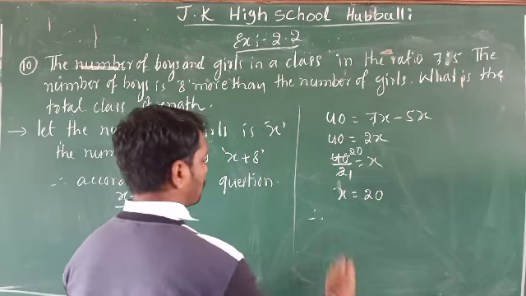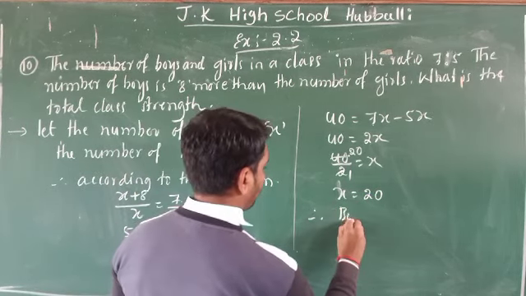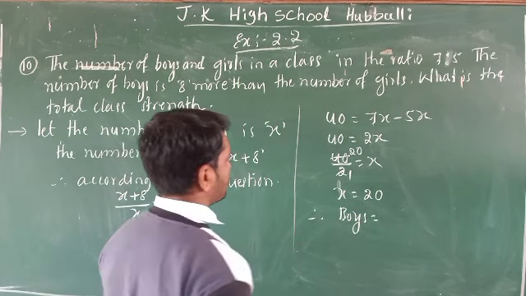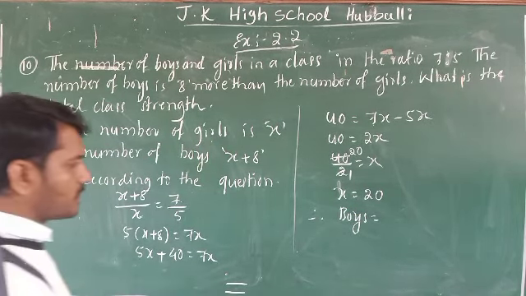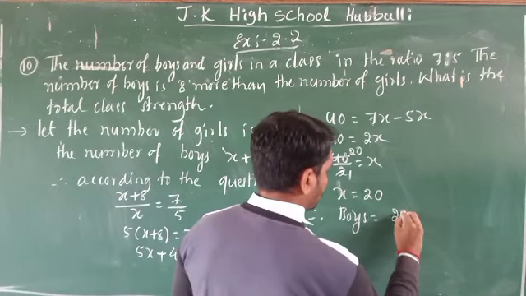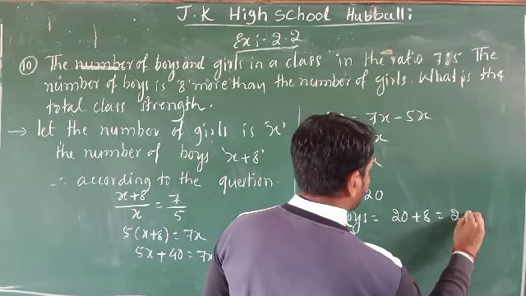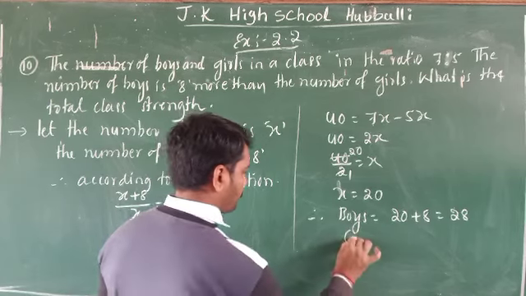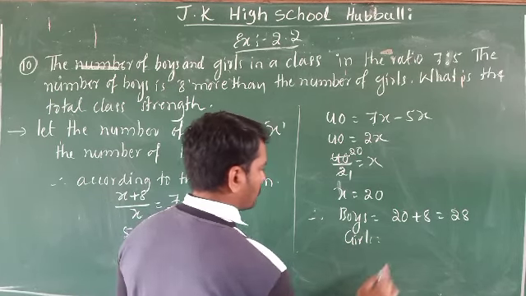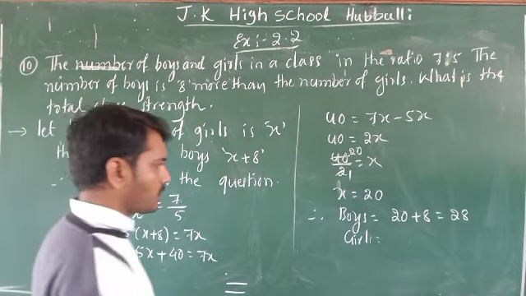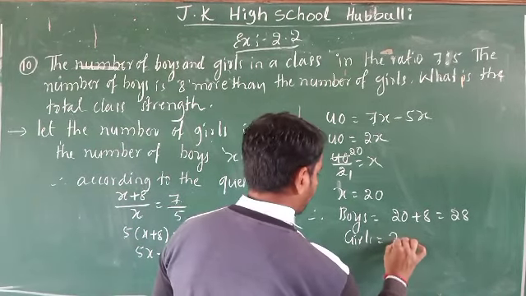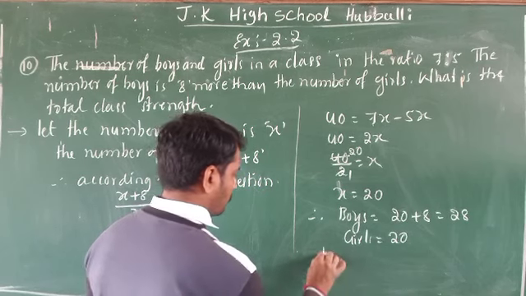What's the x value? 20. Therefore, boys. How many boys are there? x plus 8. 20 plus 8 is equal to 28. Girls, only x, 20.